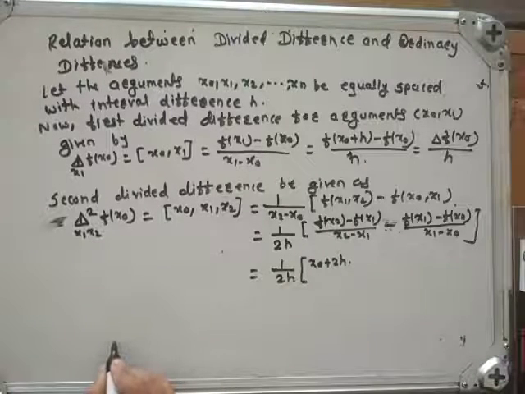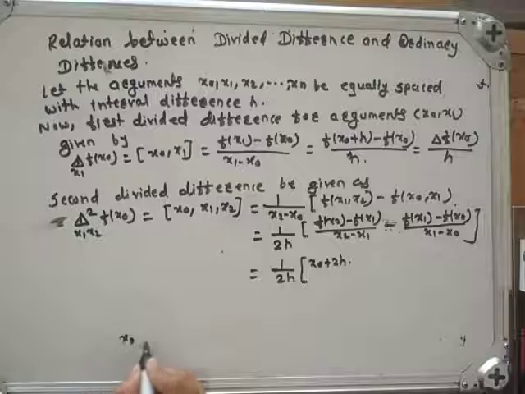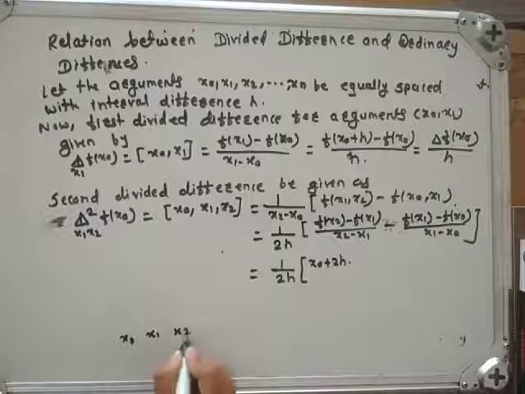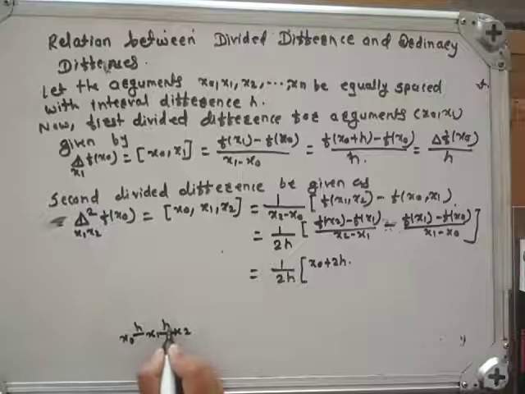Okay, because the interval of differencing is h. x0, x1, x2: this difference is h, this difference is h.